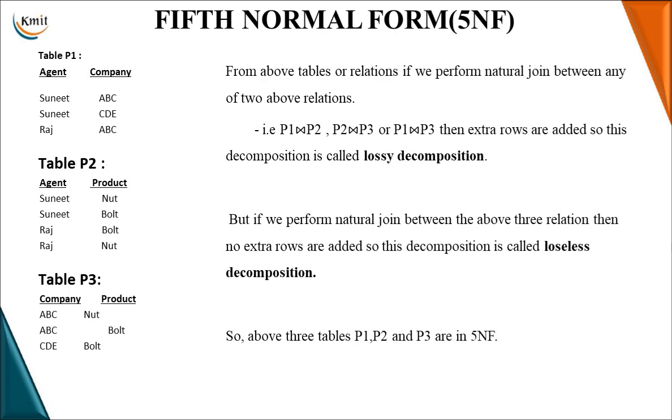So when I split them in an order with which I will be able to reconstruct the original table, at the same time each attribute is dependent on the key attribute there.